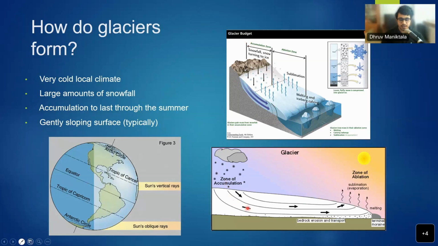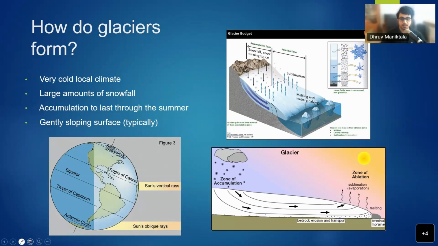And here's another diagram which represents glaciers in polar regions, in Arctic regions, because sometimes they're also found in places where the altitude is not that high, but the glaciers still form. And here the accumulation happens on less sloping surfaces, and the movement happens more horizontally.